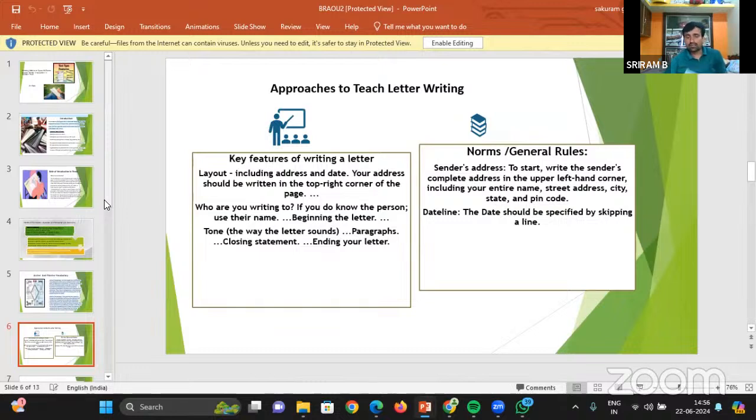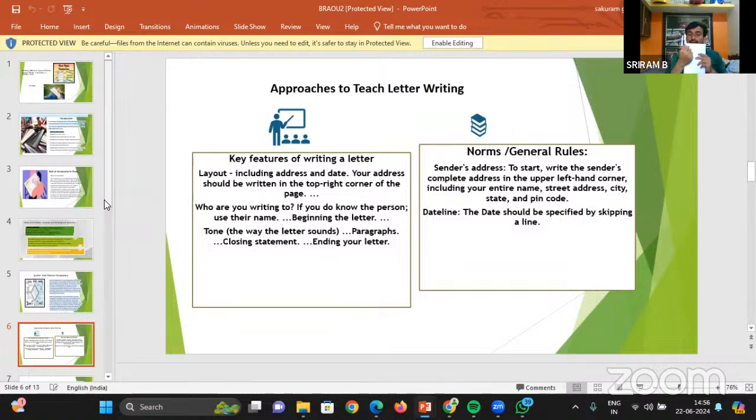Okay, fine. Suppose, are you able to see a page in my hand? Yes, sir. Okay, so this is right side and this is left side to me. So you try to take your paper. What they are saying here is where to write our address, like layout, including address and date. Your address should be written in the top right corner of the page.